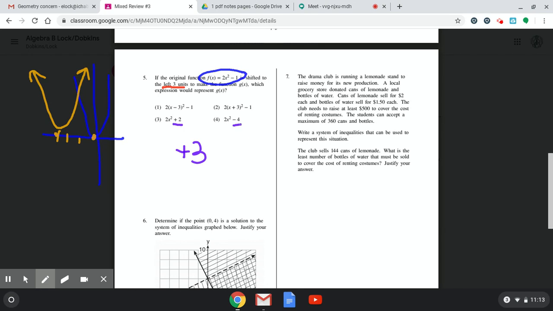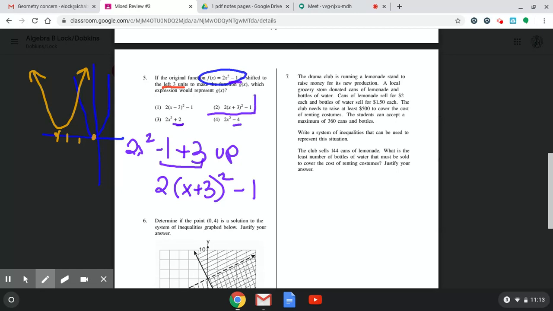It looks like they added 3 to a negative 1 to get this 2. That is the shift that goes up and down. So if we had taken 2x squared minus 1 and added 3 to the end, that would shift you up 3. But since we want to go to the left 3, we're going to take x plus 3 in the parentheses squared minus 1. So the best answer here is going to be choice 2.